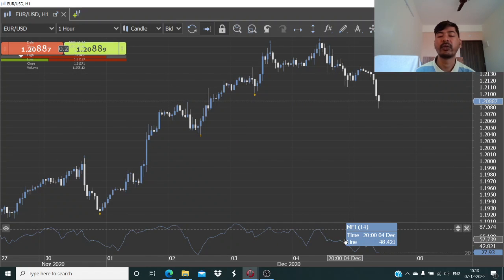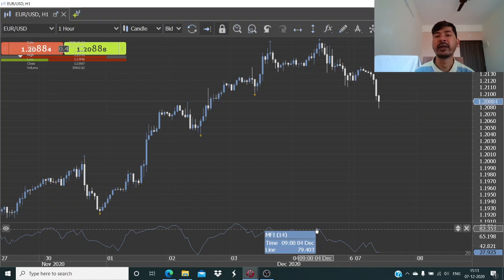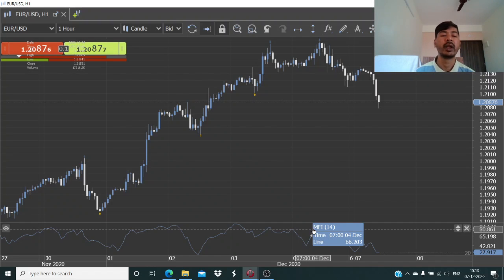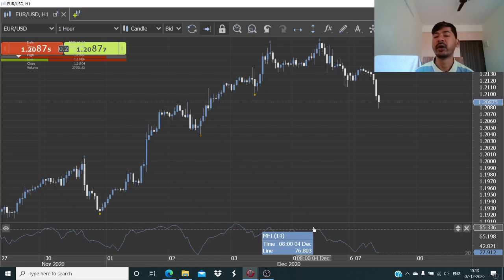So we have to be mindful, and we have to choose these setups wisely, and we will be better served if we also utilize some other indicators or additional parameters and then use this particular indicator in conjunction with other indicators, and we will also stand a better probability of ending up in profit.